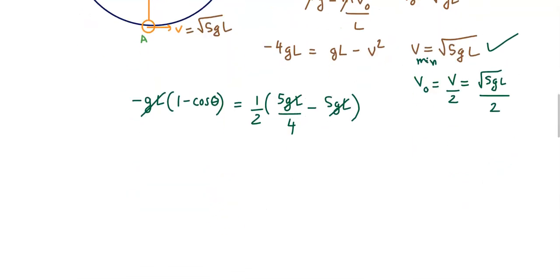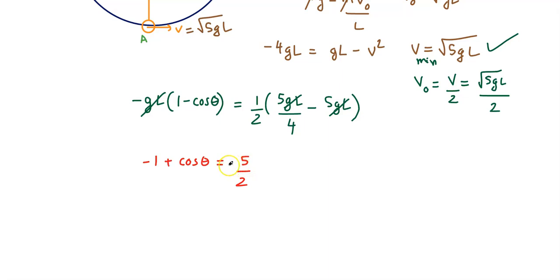So let me scroll down some more. So what do we get? Minus 1 plus cos theta equals 5 by 2. Right, I'm taking the 5 out of the brackets. So 5 by 2 times 1 by 4 minus 1.